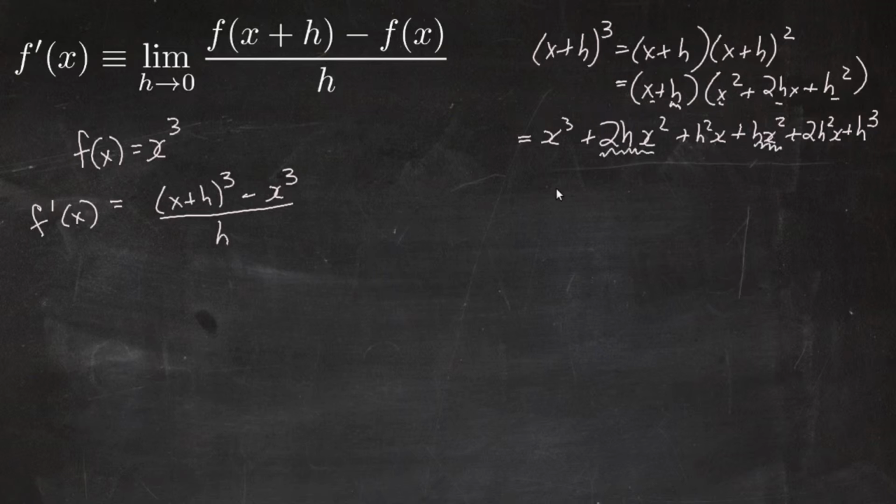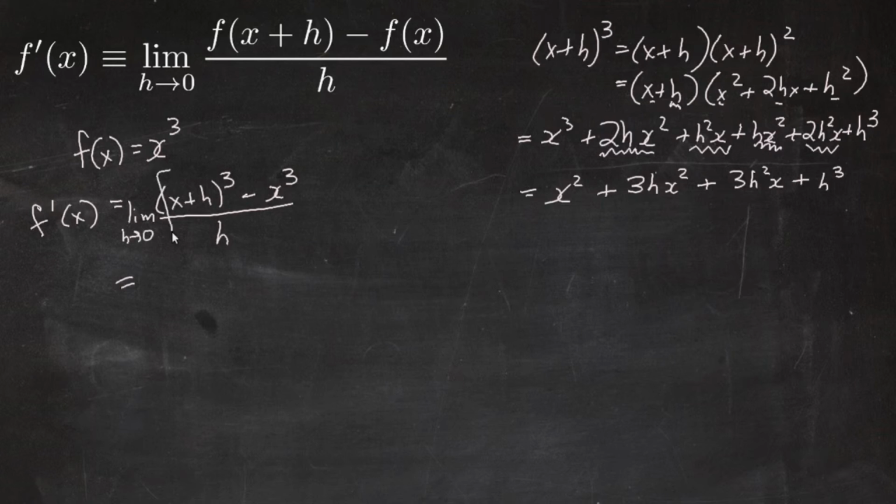I have 2 and 1 of those, so that's 3hx squared, and these terms also are the same as each other because they have h squared but just one x. So I have 1 and 2 makes 3 of those, so that's a 3h squared x plus h cubed by itself there. So here, oh, what did I forget again? It's the limit as h goes to 0 of all this stuff.